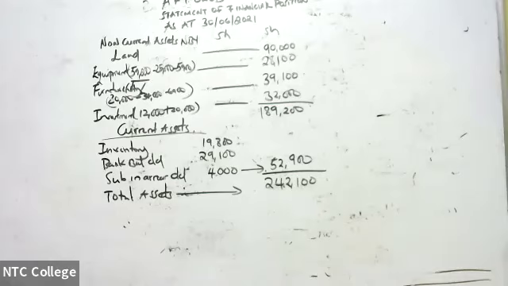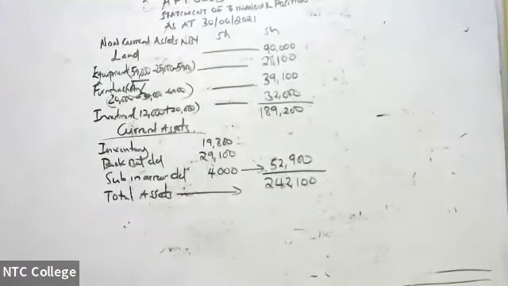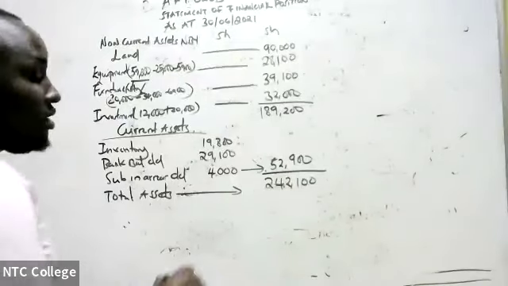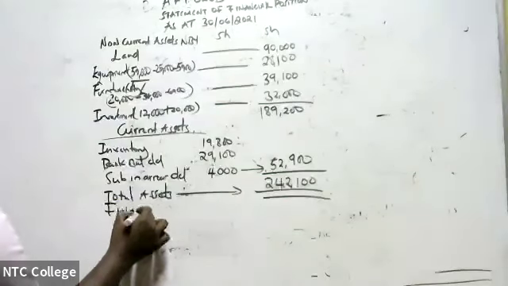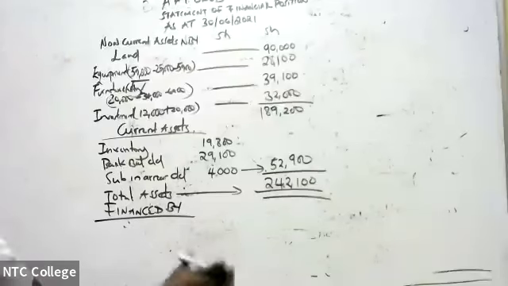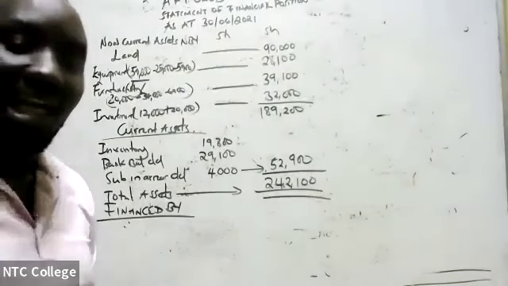Why is it an asset and it's an arrear? Mwalimu, a question. Why are we putting subscription in arrears as an asset? So subscription in arrears are like debts, like debtors.